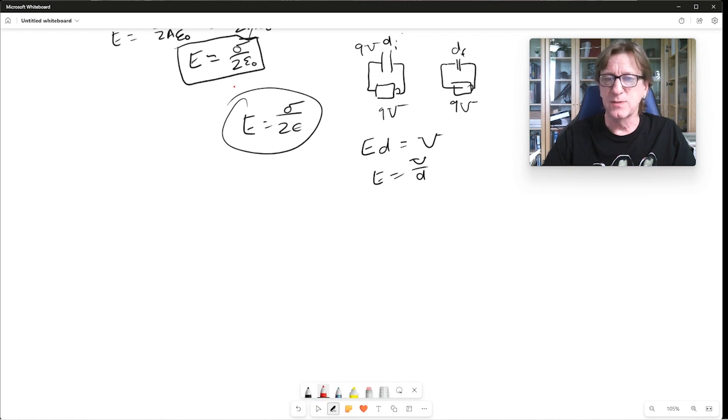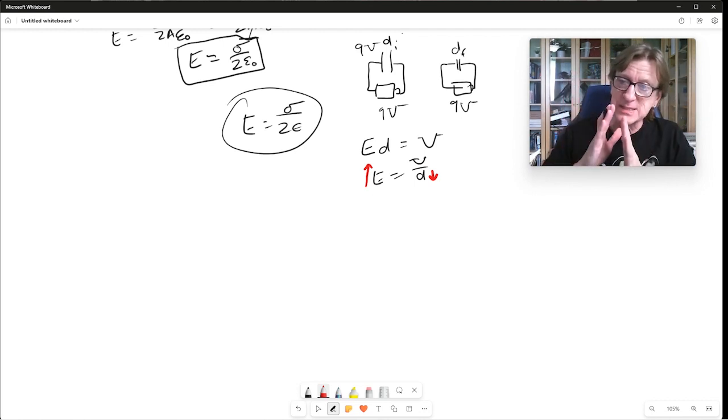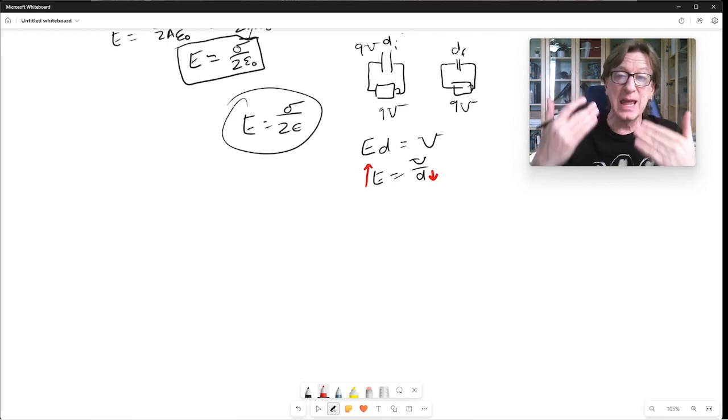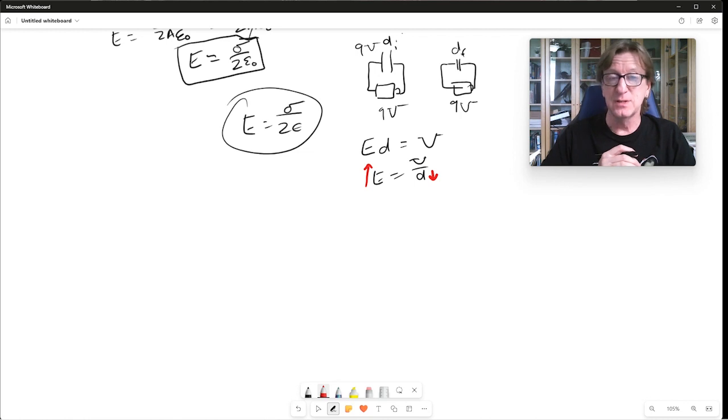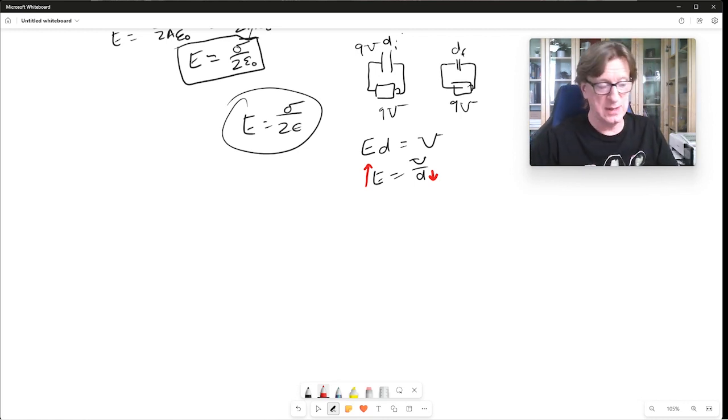So ask yourself, if D goes down, what has to happen to the electric field? It has to increase because they are inversely proportional, the D's in the bottom. So by bringing those plates together, I'm not changing the electric potential, but I am changing the strength of the electric field. The electric field is going to be stronger in that case.